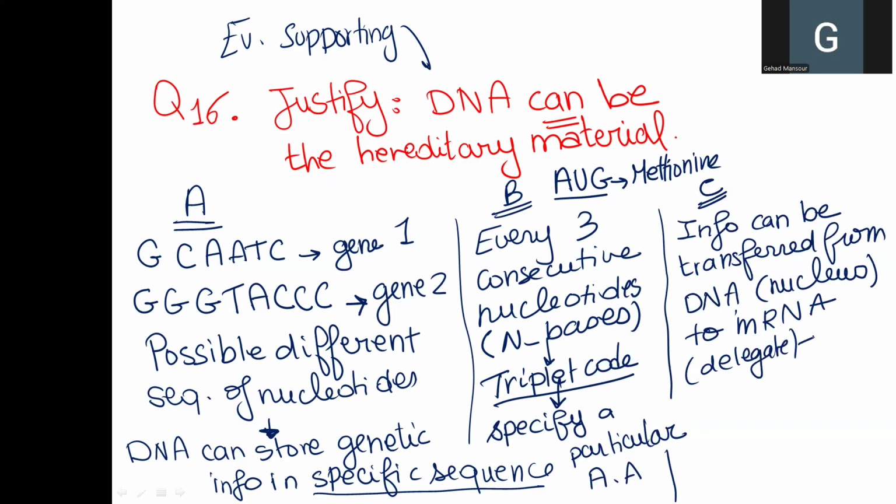Messenger RNA can then go to the cytosol and tell the cytosolic enzymes about the sequence of nucleotides on DNA, because messenger RNA is complementary to one of the strands of DNA, as we will see later on. So this possibility of flow of information from DNA to RNA is very important.